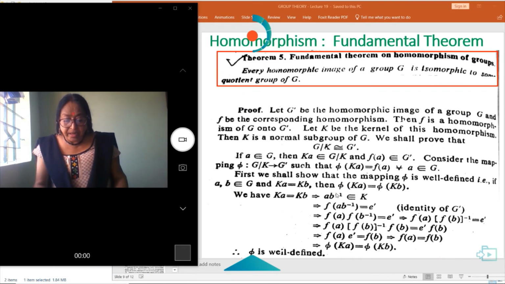Let phi be a mapping from G/K to G'. Now we are to show that the mapping phi is well defined. Let a, b belong to G, that is Ka = Kb.